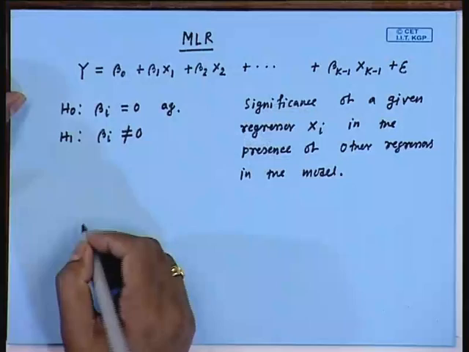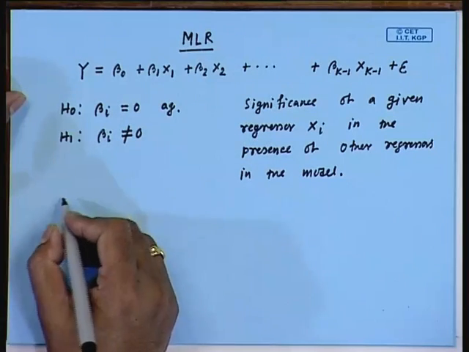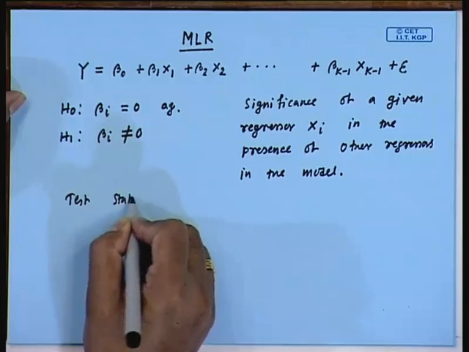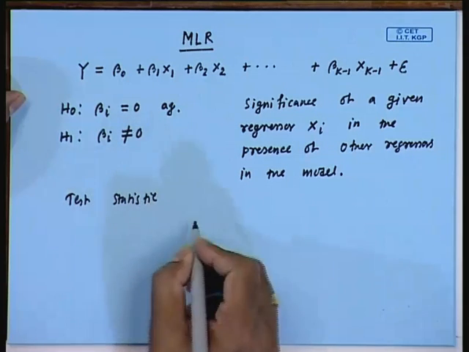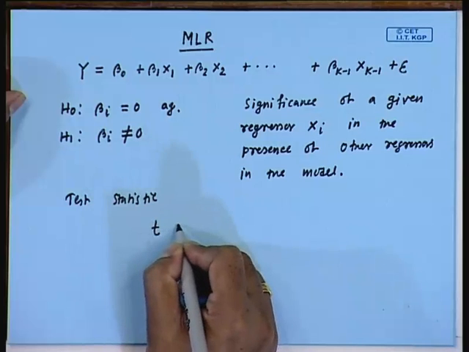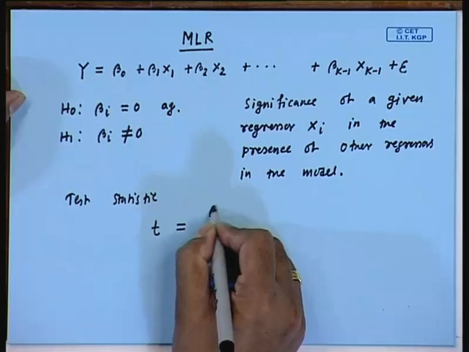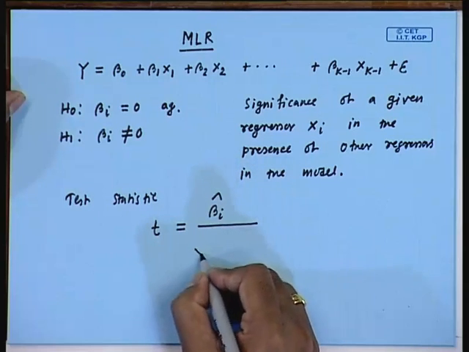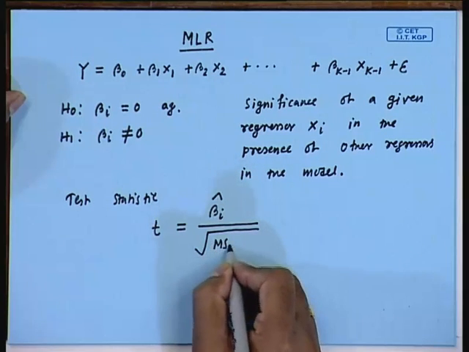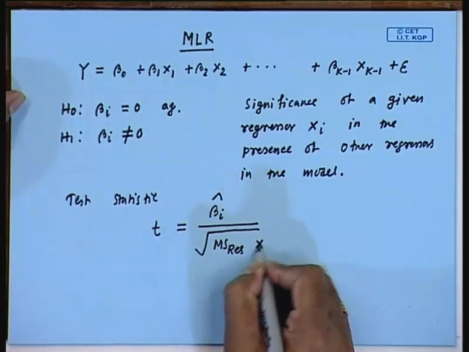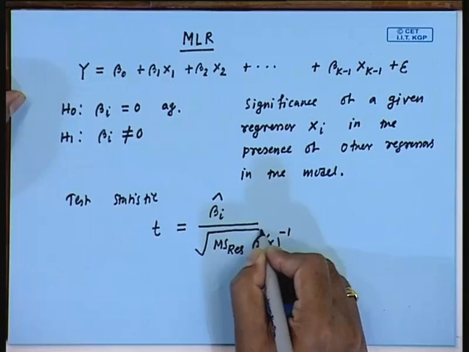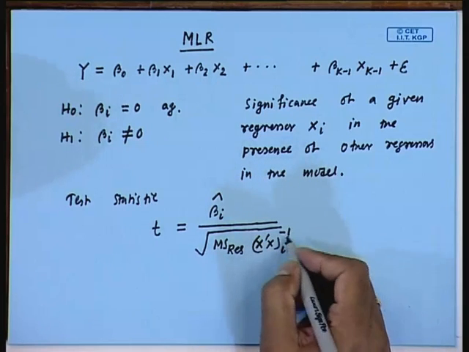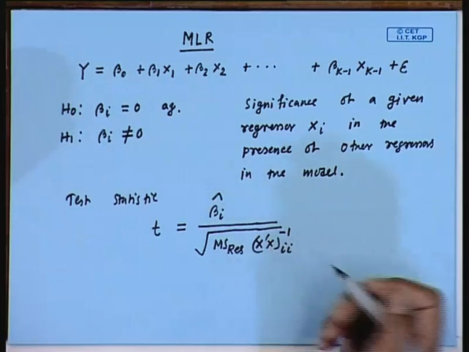The first one is to test this hypothesis using the test statistic t, which is equal to beta i hat divided by the square root of MS residual times the i-th diagonal element of X prime X inverse.